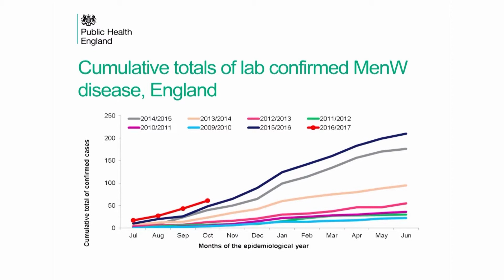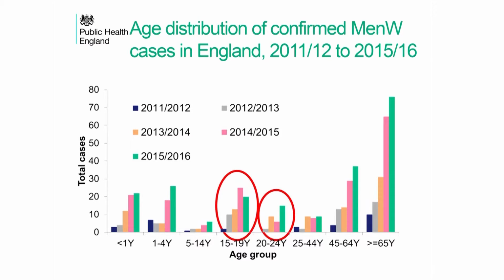In fact, we continued to see an increase, but that virtual doubling of cases didn't continue into 2015-16. So we had an increase of, I think it was about 14% that year. However, we have continued to see an increase this year, and I just updated this recently, so this goes to the end of October, and we are still running ahead of where we were at this point last year, so we need to obviously continue to look at this.